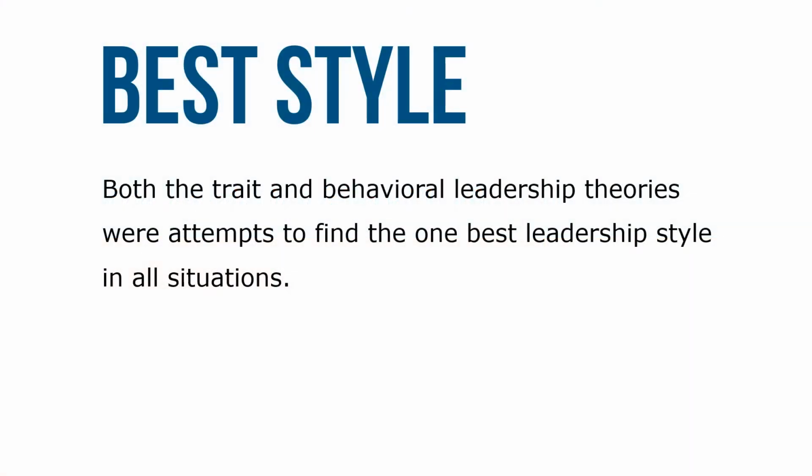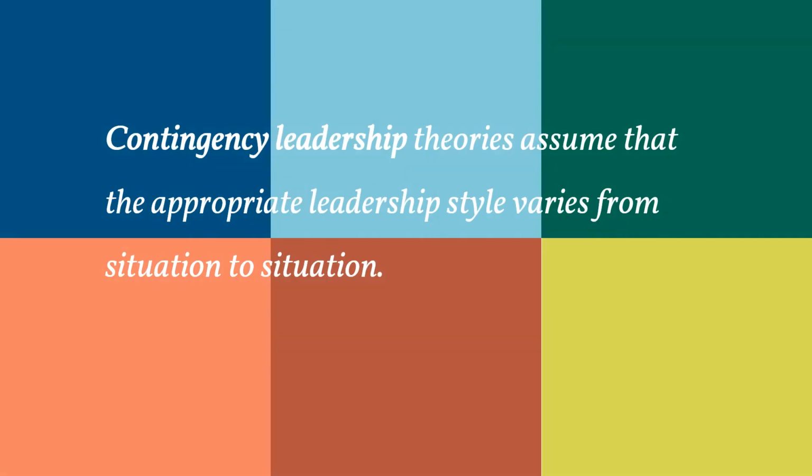Both the trait and behavioral leadership theories were attempts to find the one best leadership style in all situations. In the late 1960s, it became apparent that there's no one best leadership style for all situations. Contingency leadership theories assume that the appropriate leadership style varies from situation to situation.